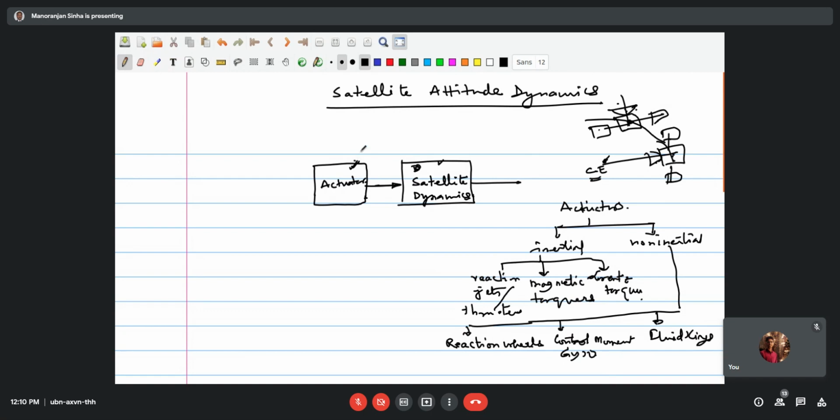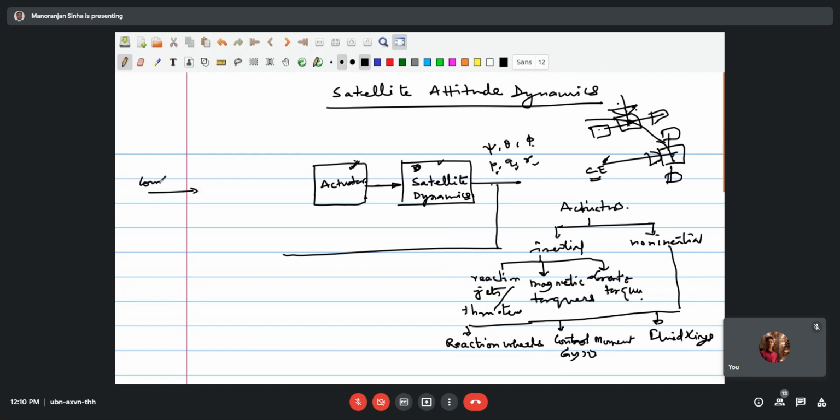So the actuator dynamics and the satellite dynamics. Satellite dynamics, if we are talking in a rough sense, usually refers to its output p, q, r and psi, theta, phi. Psi, theta, phi are the Euler angles, and p, q, r are the roll, pitch, and yaw rates. So the objective is that this p, q, r and psi, theta, phi should follow a particular command.